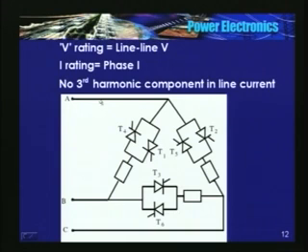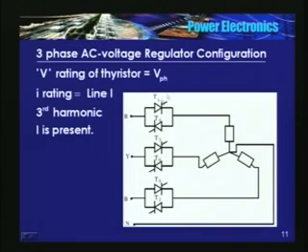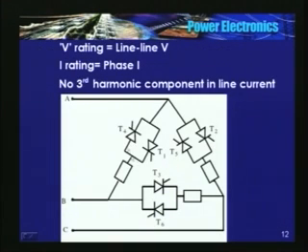But then the voltage is the line to line voltage. But then you will not have third harmonic current in the line. In the previous case, because there is a neutral, you will have third harmonic currents in the line. But in a 3-phase 3-wire system, there are no triplet harmonics.